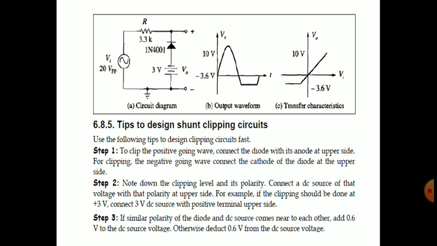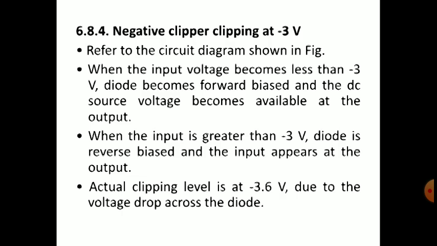We have anode and cathode for a diode. The N is for cathode and P is for anode. P means positive and anode, K for cathode, and it is N. So connect the cathode, the N terminal of the diode, to the upper side. And in case of a positive going wave, the anode is at the upper side.